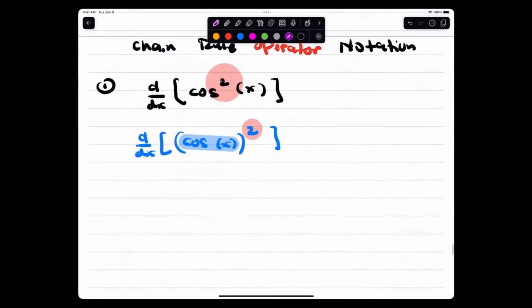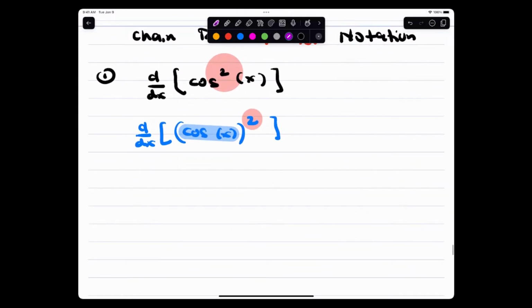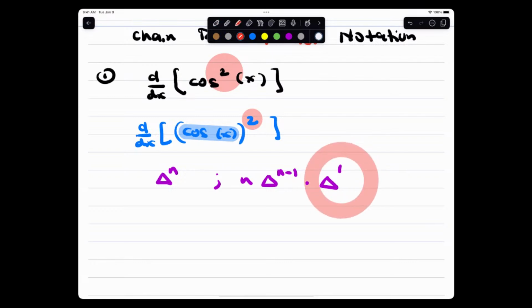So how do you guys handle this? Remember I gave you this sort of situation here? This is really the power rule, right? So it's n times the base to the n minus 1 times the derivative of the base there. This is referred to as the chain. If you guys remember that. So this is the power rule version.